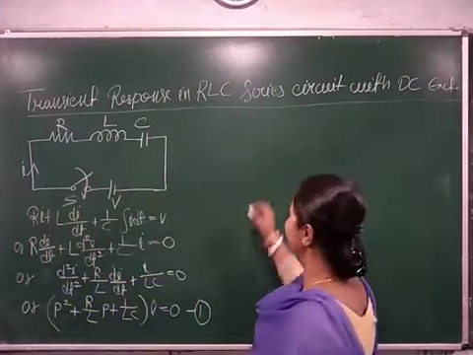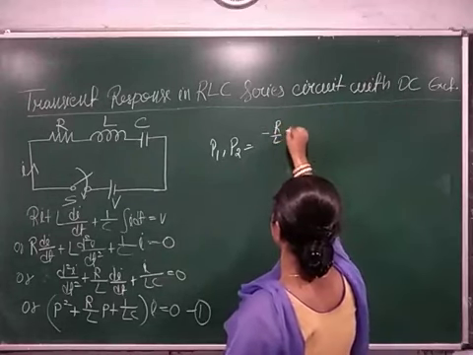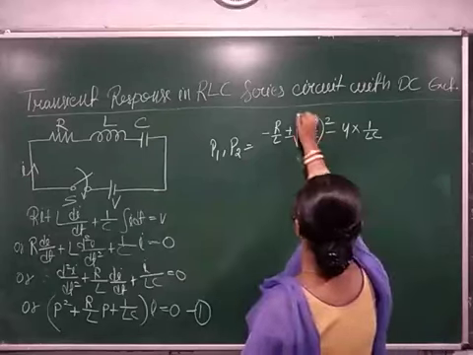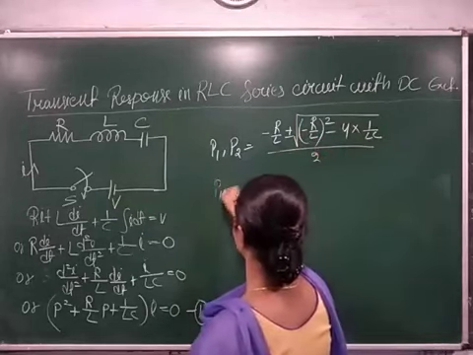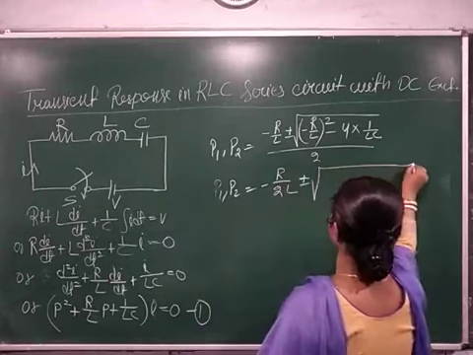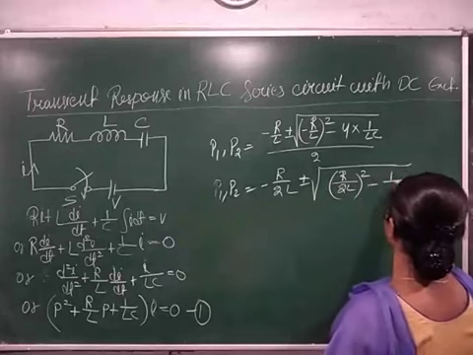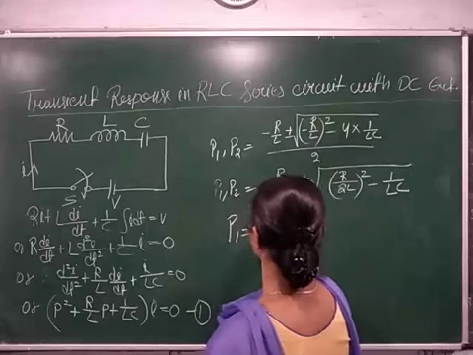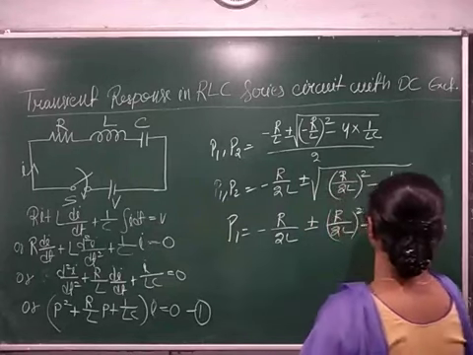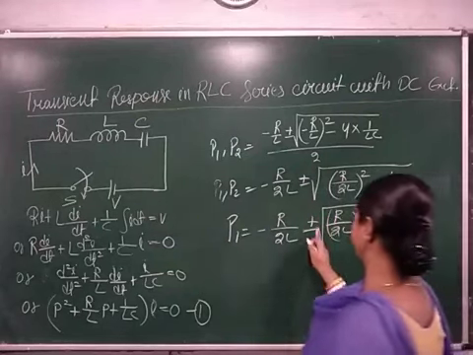The two roots are P1 and P2, and their values are, or I may write these two roots P1 and P2 as, P1 is minus R by 2L plus or minus, and for P2 it is negative.